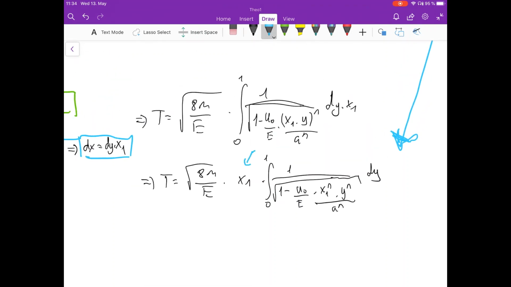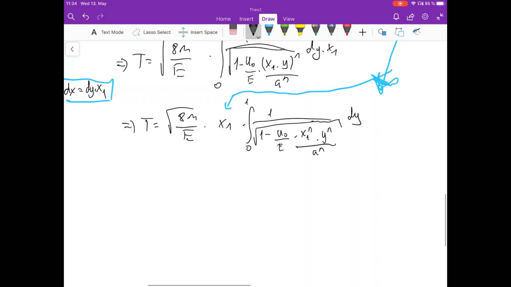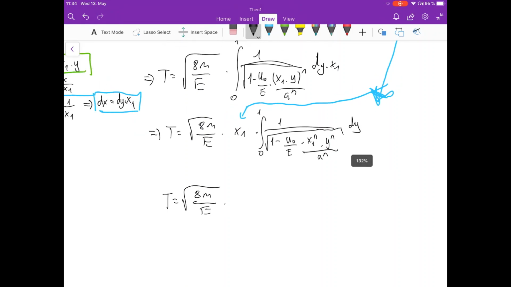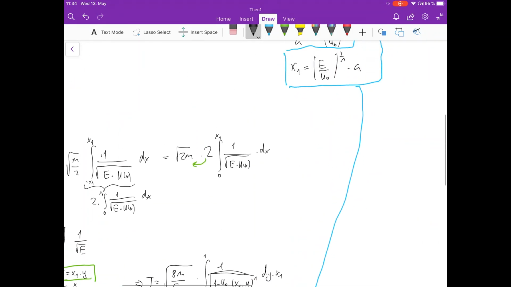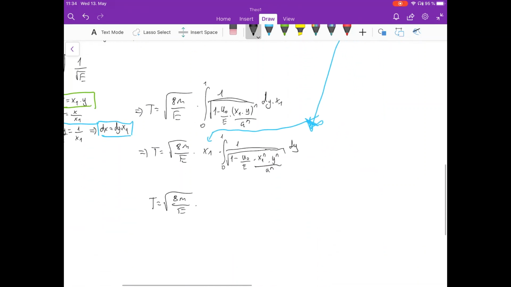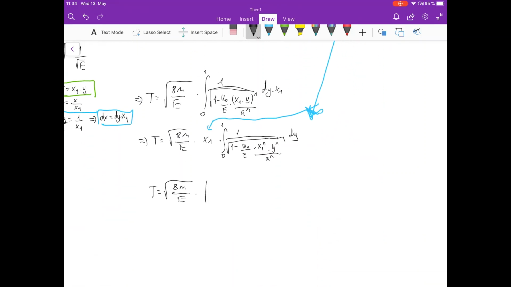So I can also plug it in here. So t is going to be equal to the square root of 8m divided by e times, what was our x1?